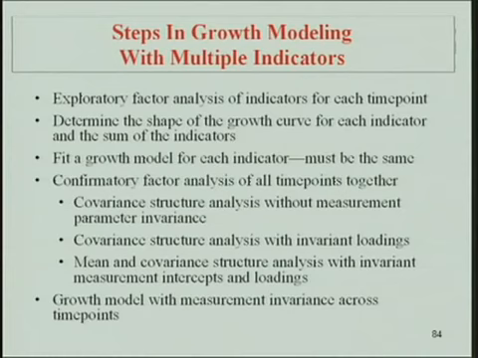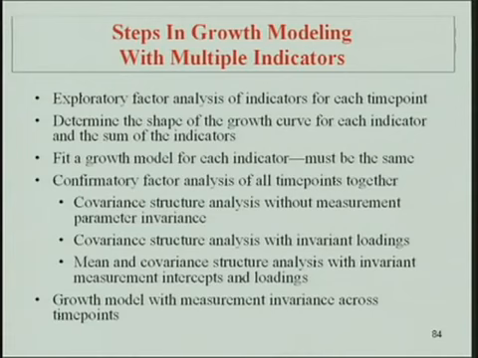It's useful to gauge what the growth model should look like. The fit of the growth model for each indicator should be good, and the growth model shape should be the same. So you can't have one item being a cubic development and the other linear, then the multiple indicator model is rejected right away.